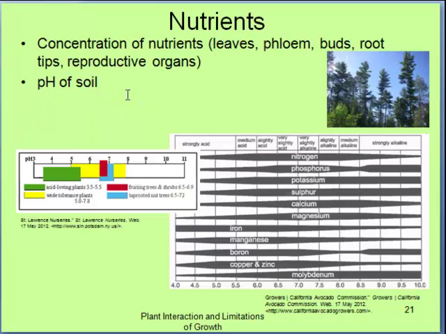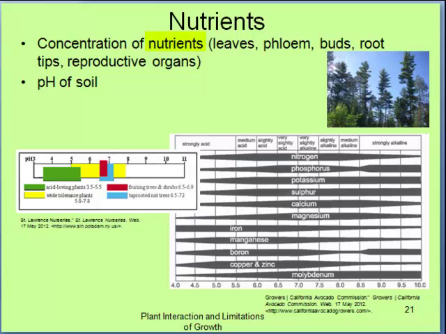The next one is about nutrients, and for nutrients, it's very, very crucial that the nutrients are available so that the leaves, phloem, buds, and the root tips and reproductive organs of the tree can grow effectively.